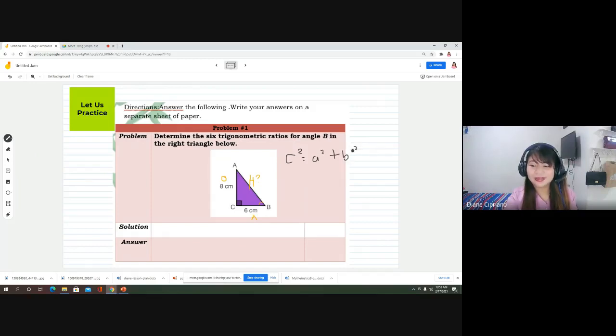And then we are looking for the hypotenuse. Your sides are 6 squared and 8 squared. So c squared is equal to 6 times 6, 36, and 8 times 8, 64.